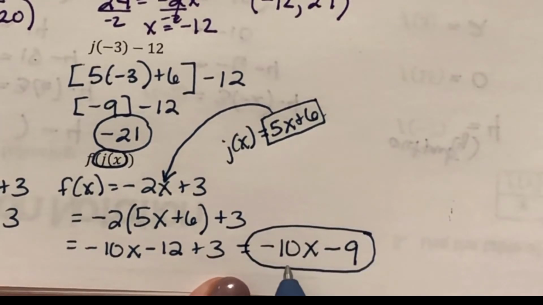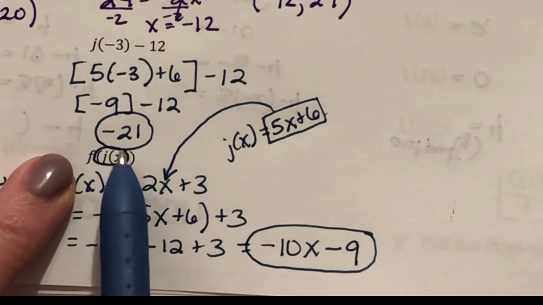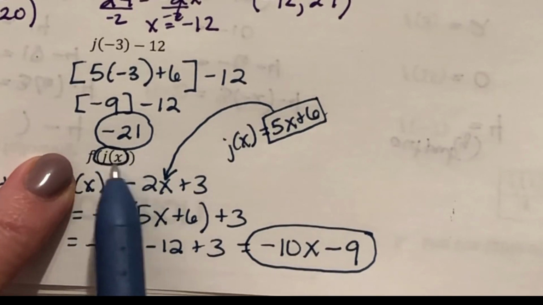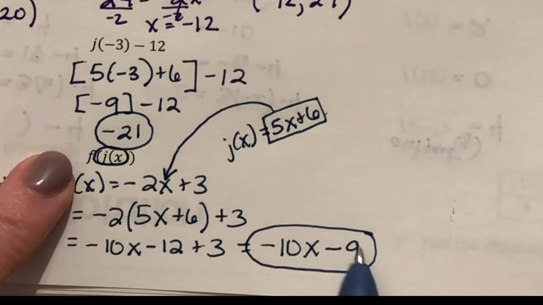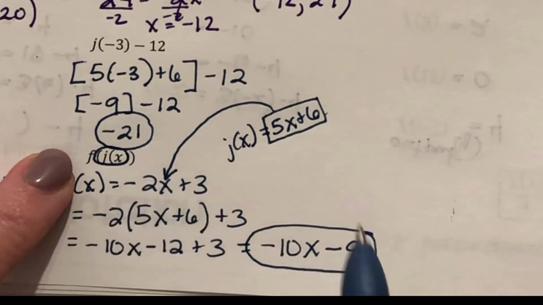There we go. So negative 10x minus 9 is f of j of x. And notice I'm not plugging in a number, so I'm not going to get an actual number as a result. x is part of my input, therefore x is going to be part of my output.